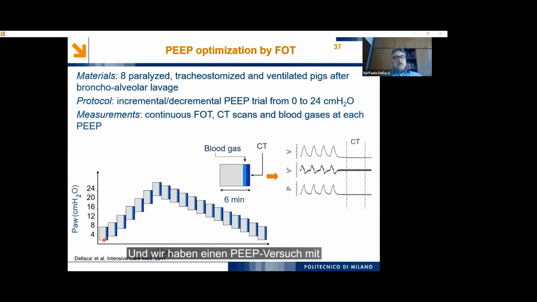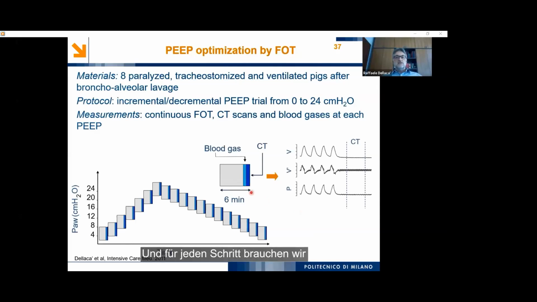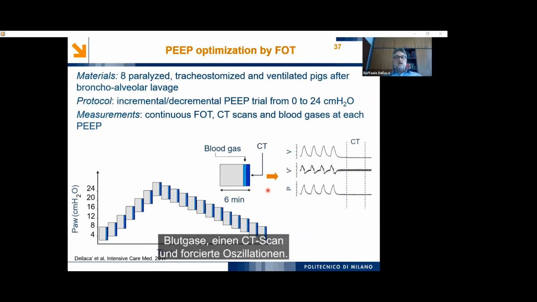And we ran a PEEP trial with two different phases, the increasing limb and then the decreasing limb. This was a stepwise increase and decrease of PEEP, and for each step we recorded blood gas, CT scan, and forced oscillations.